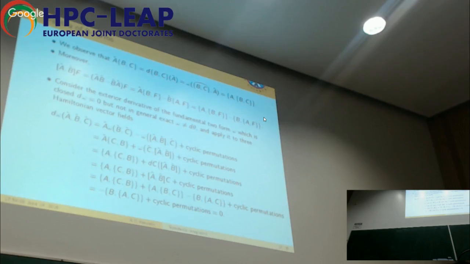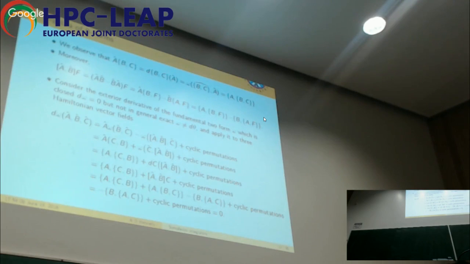But now comes the point in this argument where I require that the fundamental two-form is closed, d omega equals 0. So far that's just been consistent as part of the definition, but it hasn't seemed to play any role. But now, when I use d omega equals 0, that means that d omega applied to any three vector fields vanishes identically.